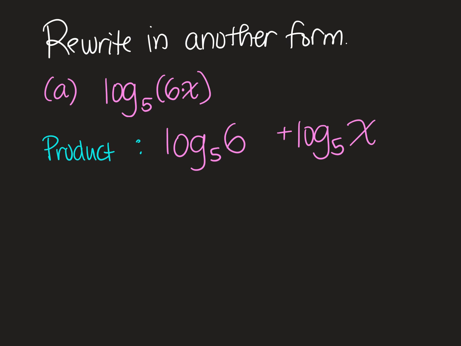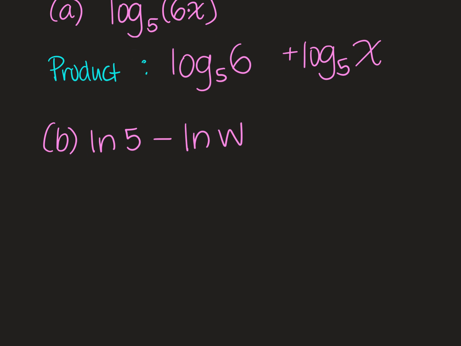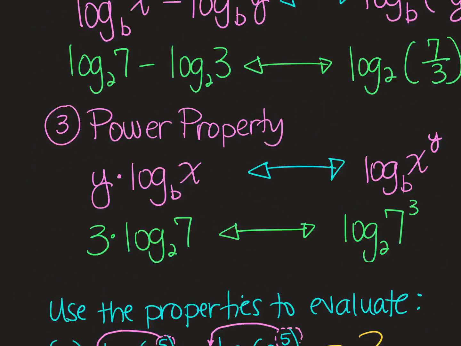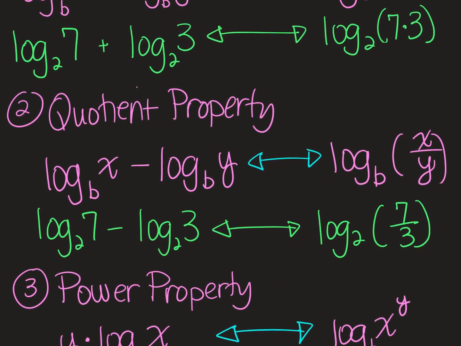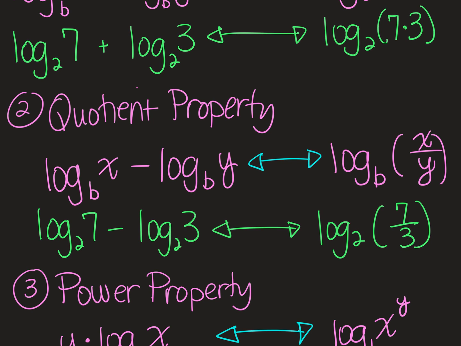What if I gave you, let's see, the natural log of 5 minus the natural log of w. Natural log of 5 minus the natural log of w. So now I've got two logarithms that are being subtracted from each other. So if I go back up to my properties, two logarithms that are being subtracted from each other puts me in a quotient property.